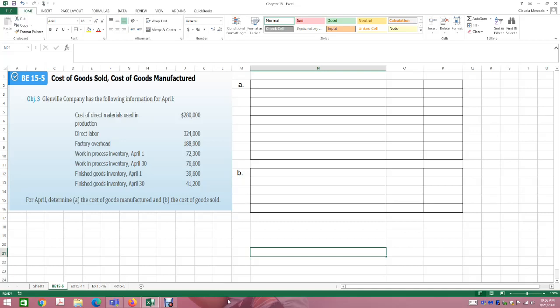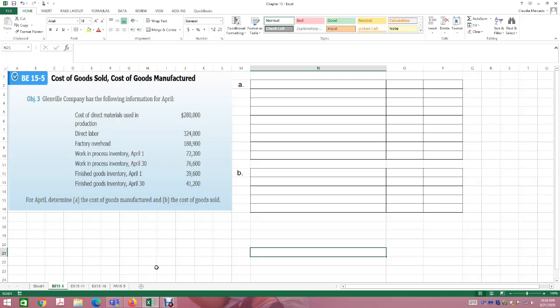So let's get started with the first problem that I'm going to go over. This is BE 15.5, and it deals with cost of goods sold and cost of goods manufactured. The problem reads, Glenville Company has the following information for April.